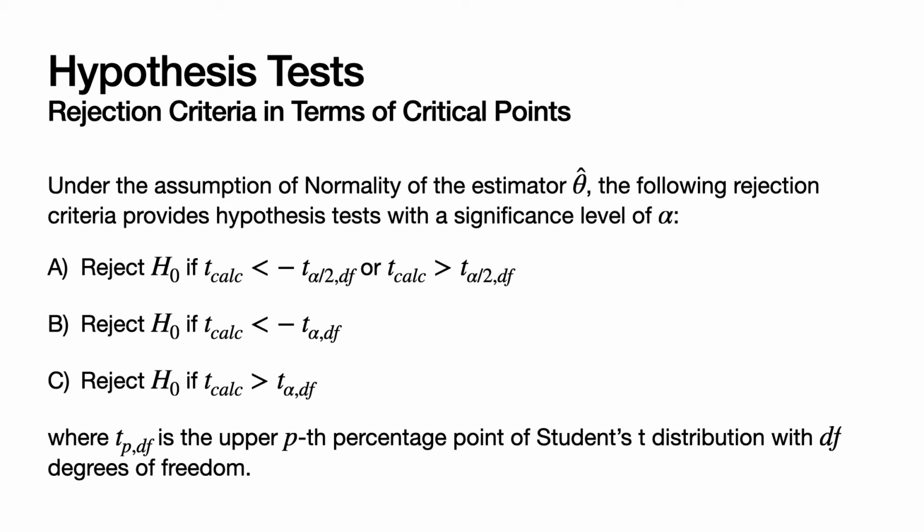And then finally, for hypothesis test C, the right-tailed test, the rejection criterion is to reject the null hypothesis if the test statistic t-calc is greater than t sub alpha comma df, the upper alpha percentage point of the t-distribution with degrees of freedom equal to df.